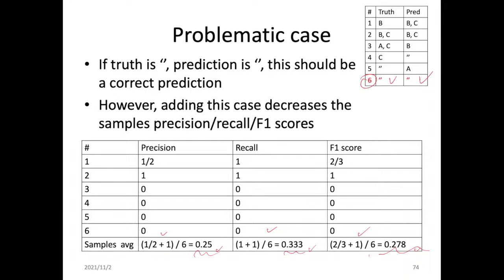Does that make sense or not? Or if you think I'm wrong, of course we could discuss. But I think this instance should be regarded as a correct guess, which means precision, recall and F1 score for this instance should be 1.